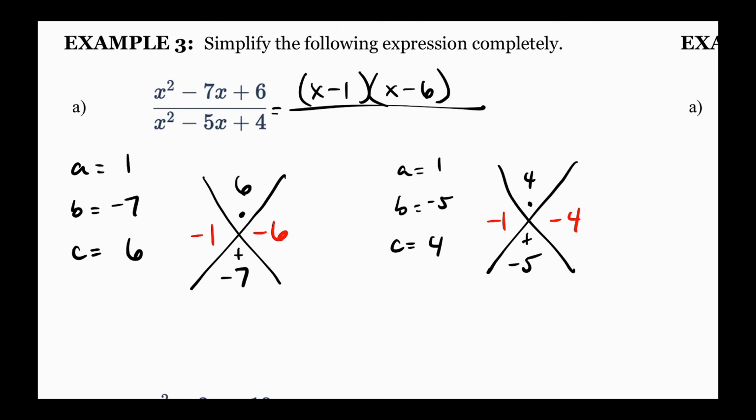Now they share -1 in common. So I'm going to line them up like this. I'm going to say -1 and -1, and then the other one's -4. What cancels out? There you go. Those are exactly the same thing. So I get x minus 6 and x minus 4.